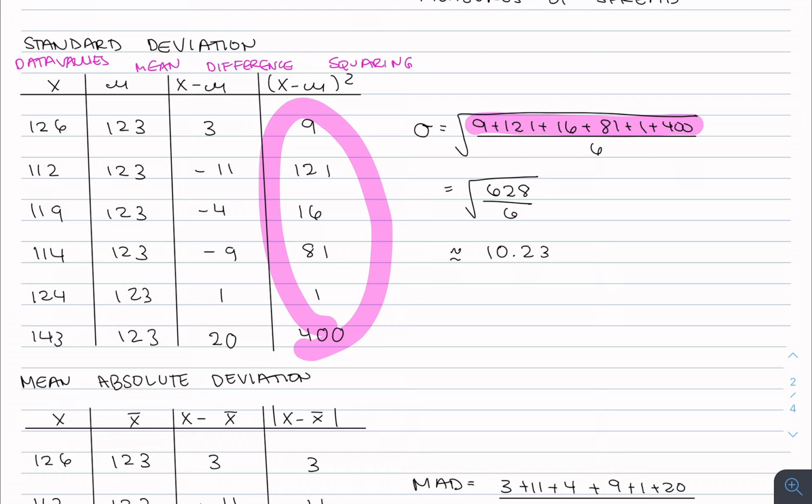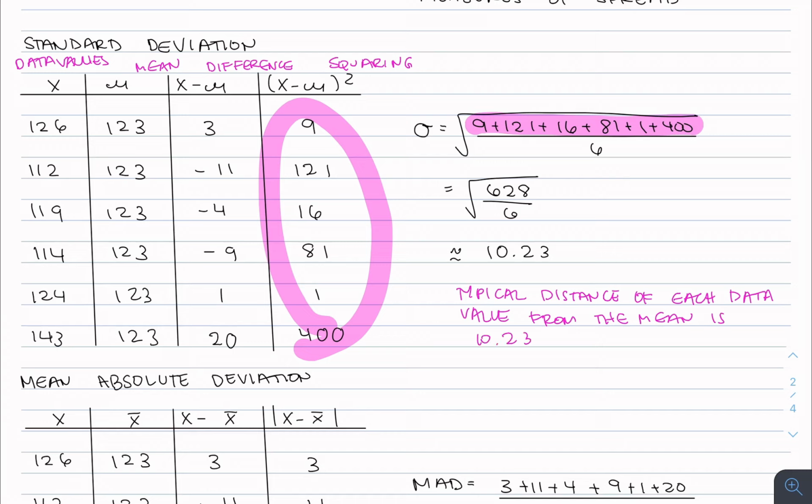What this is telling us is that the typical distance of each data value from the mean is 10.23.